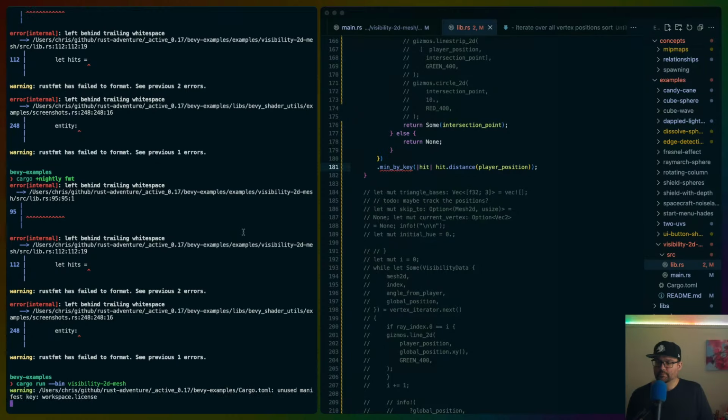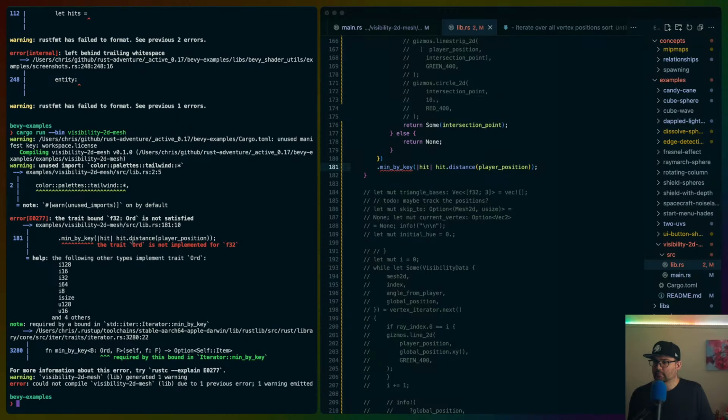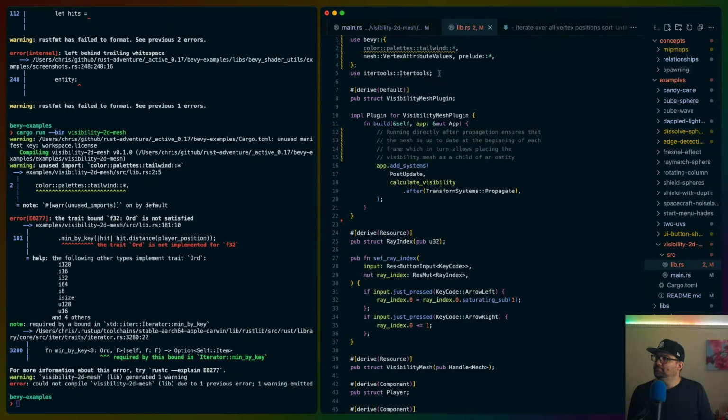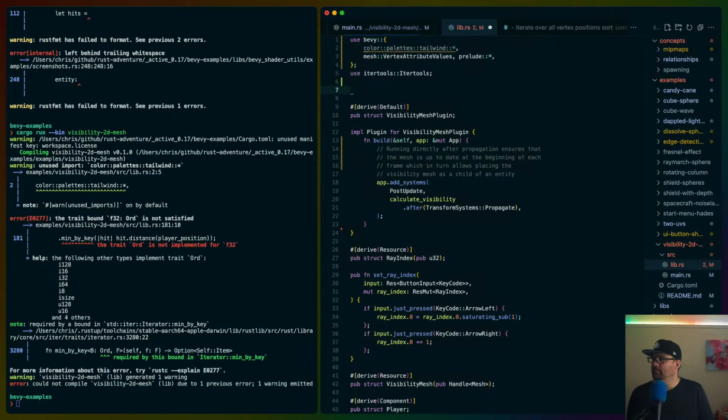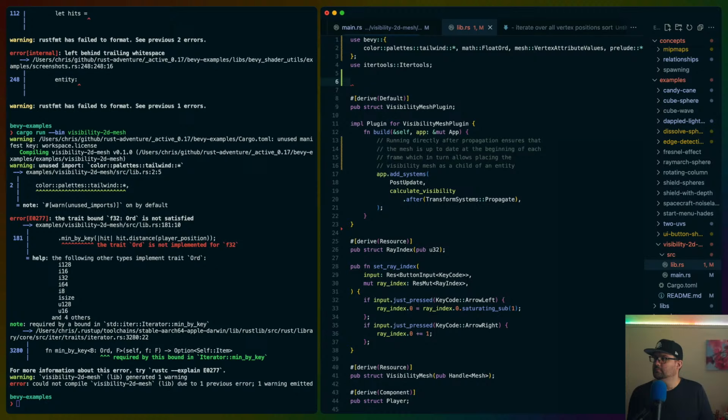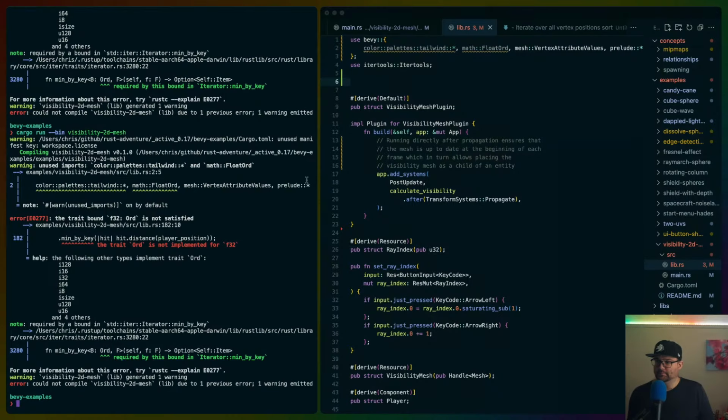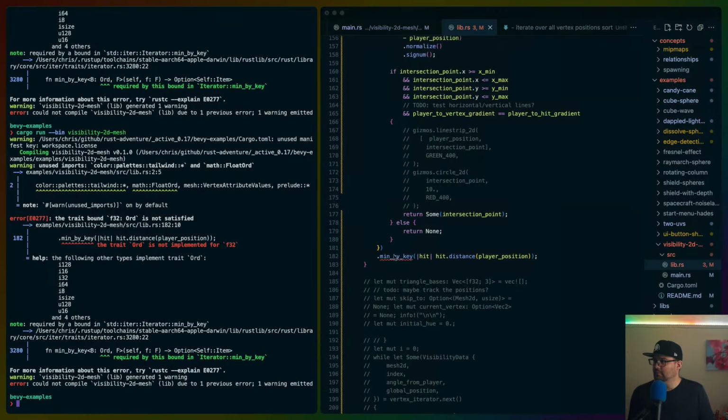Cargo run visibility 2D mesh. Or does not implement it for f32. We can do float ord. Right? Does that fix our problem? Probably not.